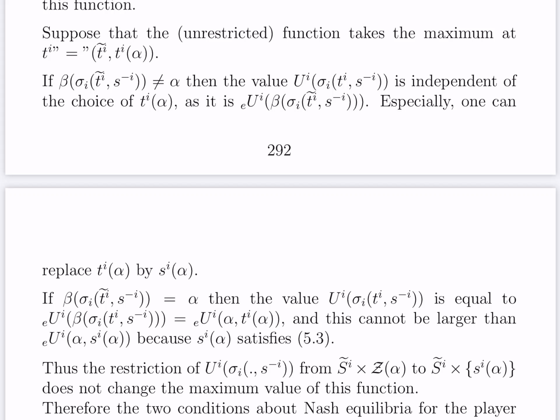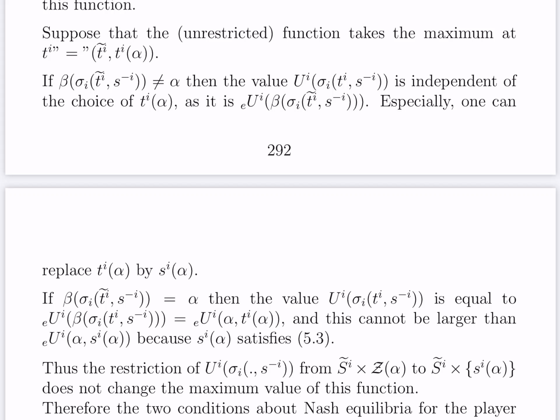But this cannot be larger than the utility of the final move s_i of alpha, because s_i of alpha satisfies phi 3. We had chosen s_i of alpha in the first step of backward induction as an optimal move. So t_i of alpha cannot give a better utility than s_i of alpha.